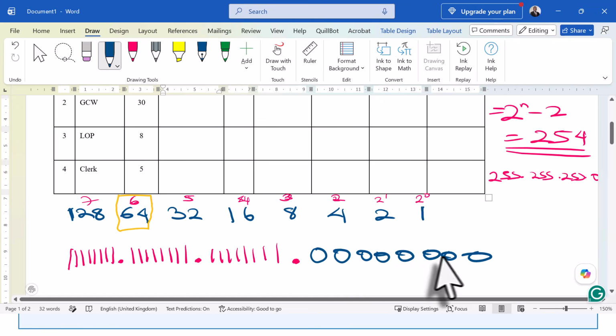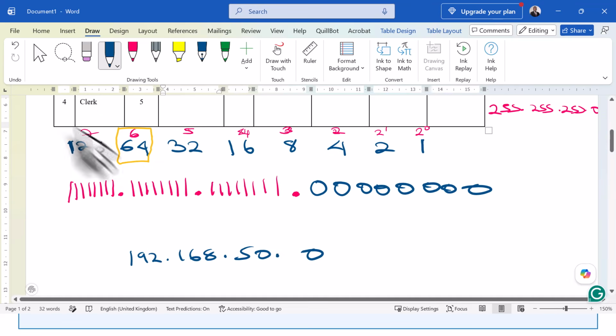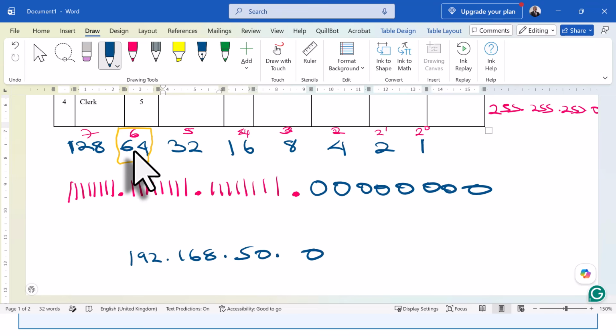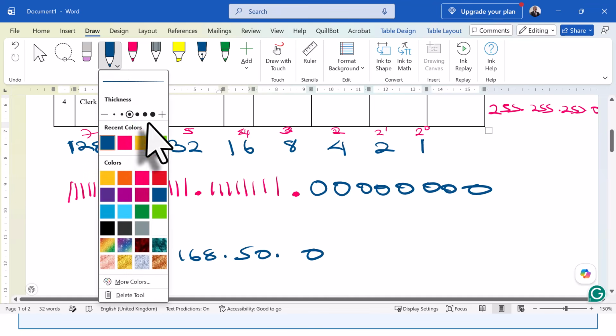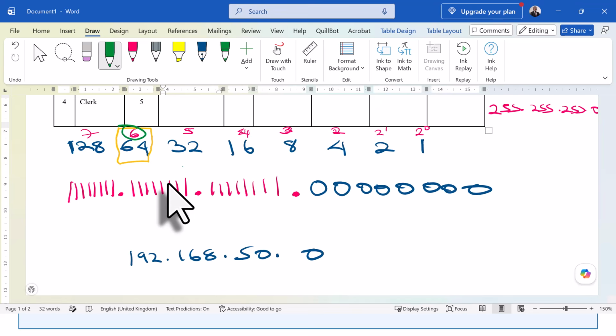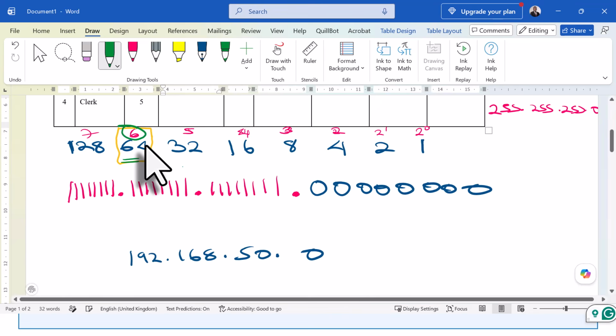So now we have understood that this is going to fall in the block size of 64. So we ask ourselves, how many host bits must we have for us to have a total of 64 addresses? If you have this cascade, it is easy because you can already see here that 2 to the power 6 gives us 64.